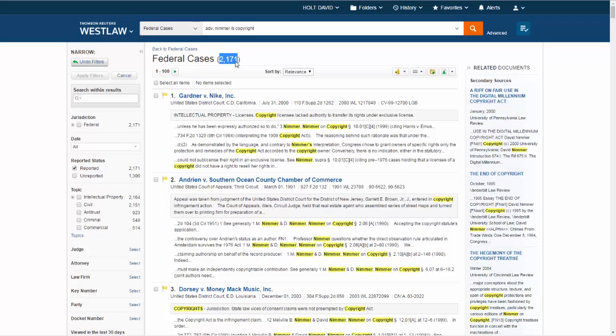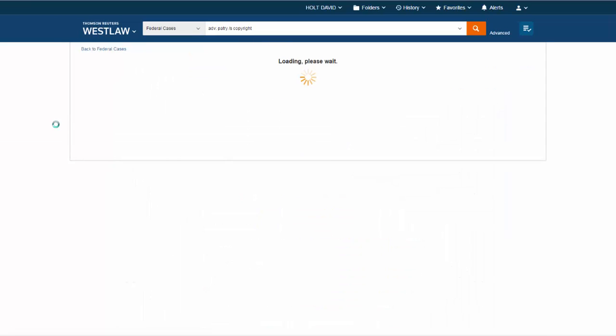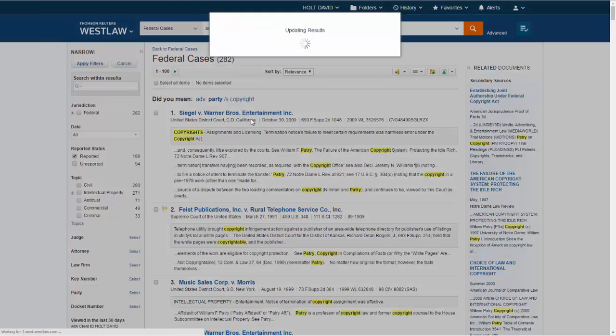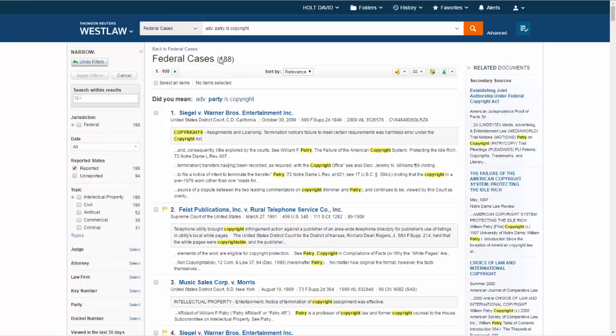If we do that same search using Westlaw's copyright treatise, you'll see that the number is far smaller. So Nimmer is considered really the authoritative treatise on copyright.